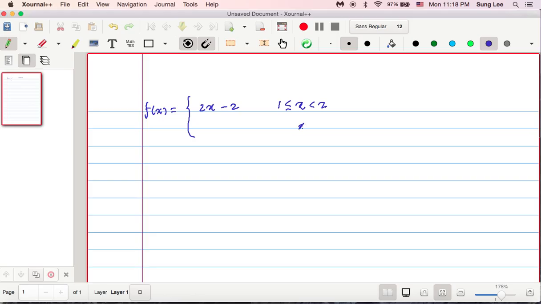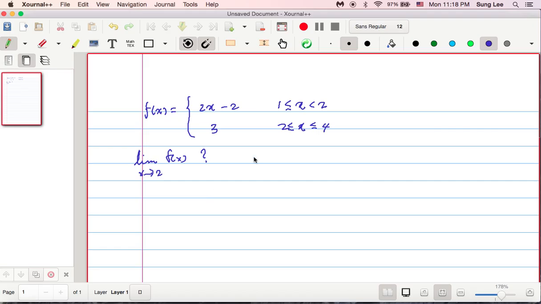And when x is greater than or equal to 2 and less than or equal to 4, it is defined to be the constant function 3. Okay, so we want to calculate the limit of f of x when x approaches 2. That's what we want to calculate.